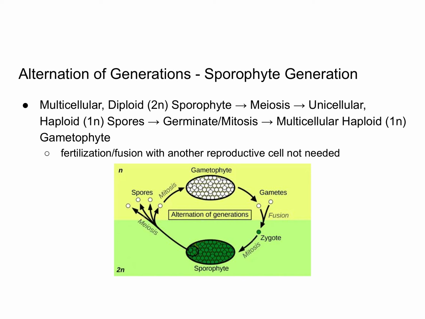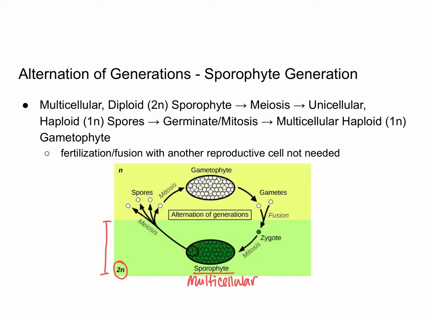So let's start by talking about the sporophyte generation in plants. So the sporophyte generation on our picture here is down here. Remember that the sporophyte is diploid, which you can see as this whole green area is showing the diploid structures. And it is also multicellular. So each of the cells in the sporophyte is diploid.